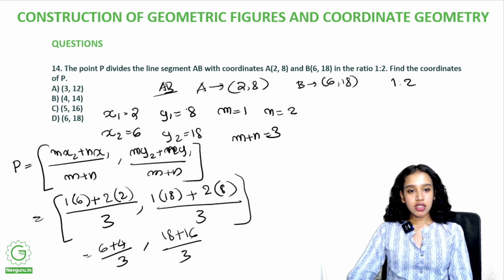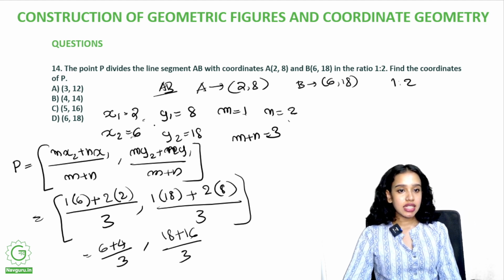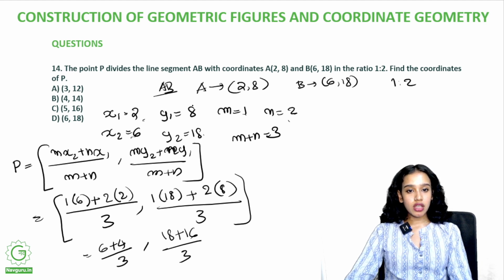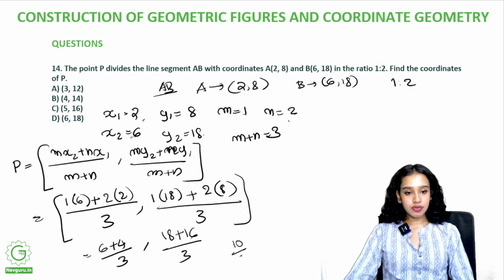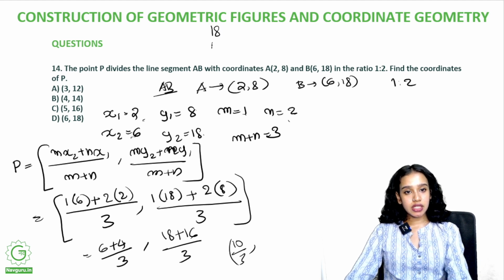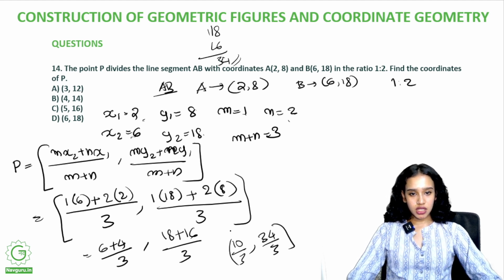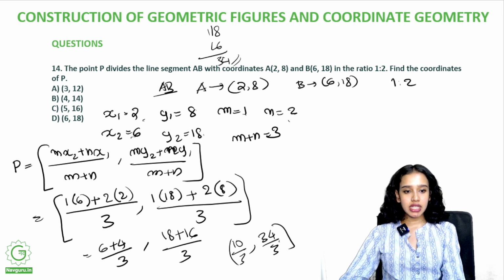So this would be 10 by 3 and 18 plus 16 would be 34, so 34 by 3. This is not divisible and this is not divisible. So the answer for this question is 10 by 3 and 34 by 3.